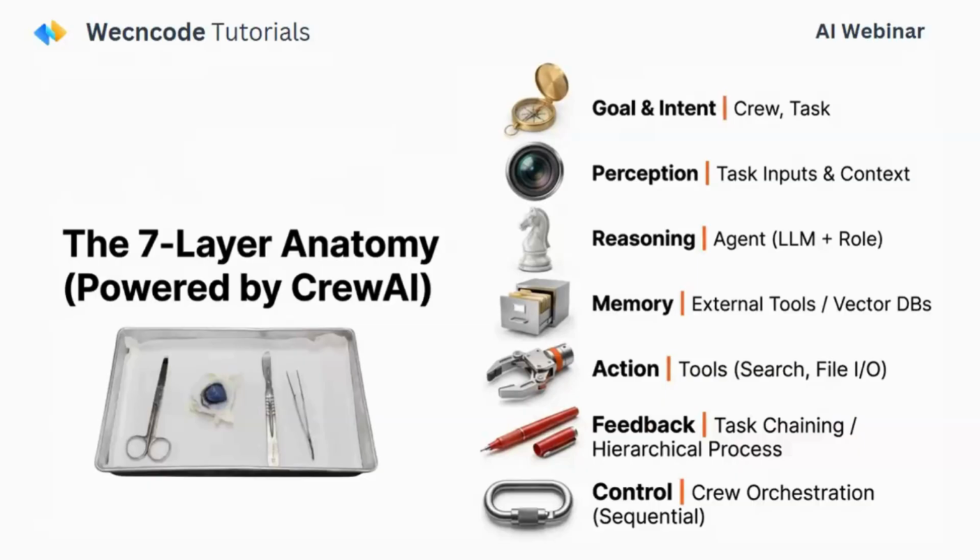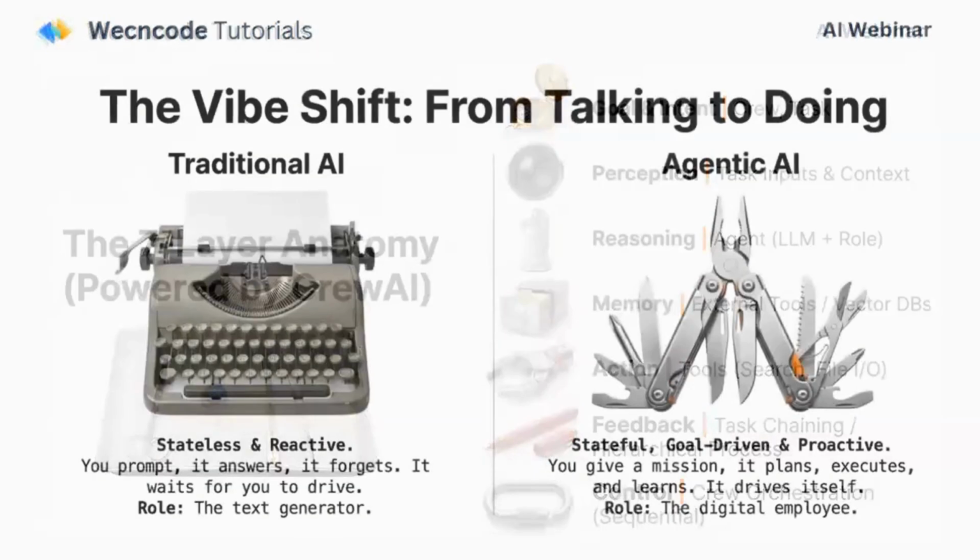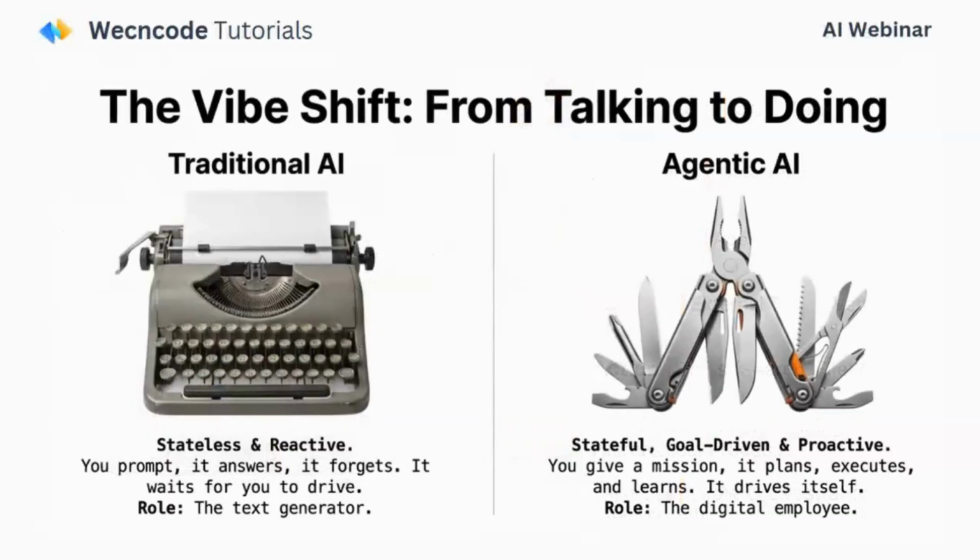Some are meant maybe just to search the internet, or to read a file or write to a file. As well as feedback and task chaining. Anyway, we'll look at these processes one by one. But first, we have the goal and intent, the perception, the reasoning, the memory, the action, feedback, and then control. We'll try to pick them one after the other as we proceed.